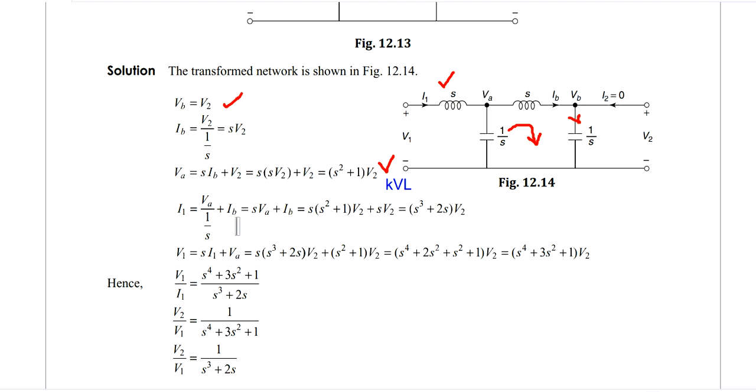So this is from KCL: I1 is equal to the current flowing through 1 by S plus IB. That current is VA by 1 by S plus IB. IB we can write as S V2, and VA by 1 by S is S VA. Again VA is replaced with S square plus 1 into V2.